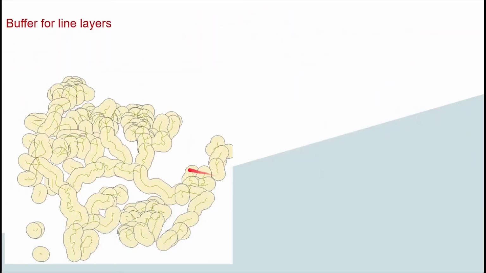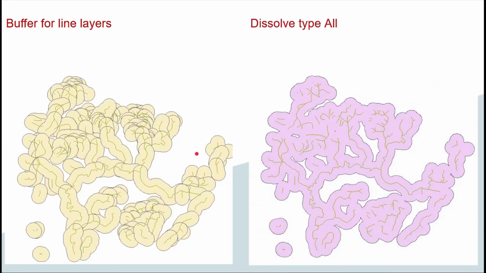Also, we can perform buffer for line features. These are streamlines, and those sub-buffer areas also have overlapping area. To avoid this, we will use dissolve type all. This type of smooth buffer we can perform for the line feature.